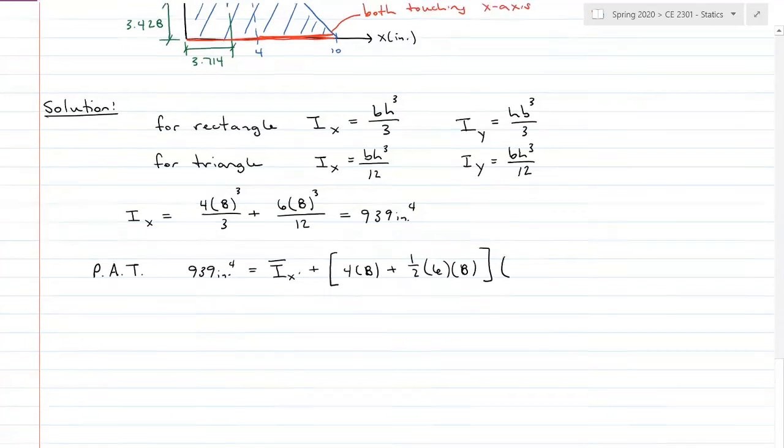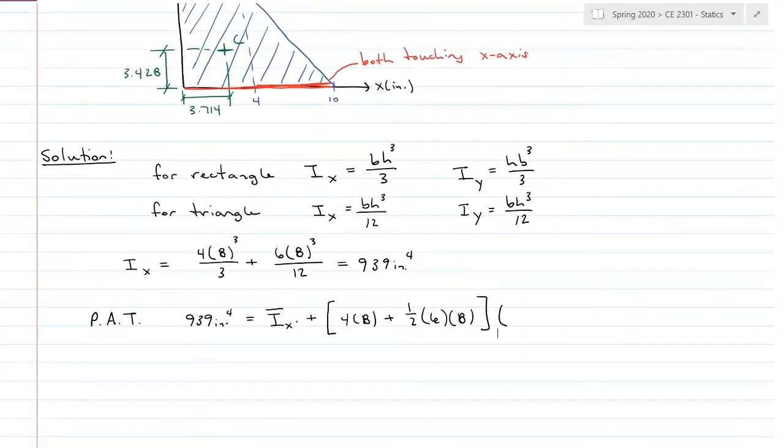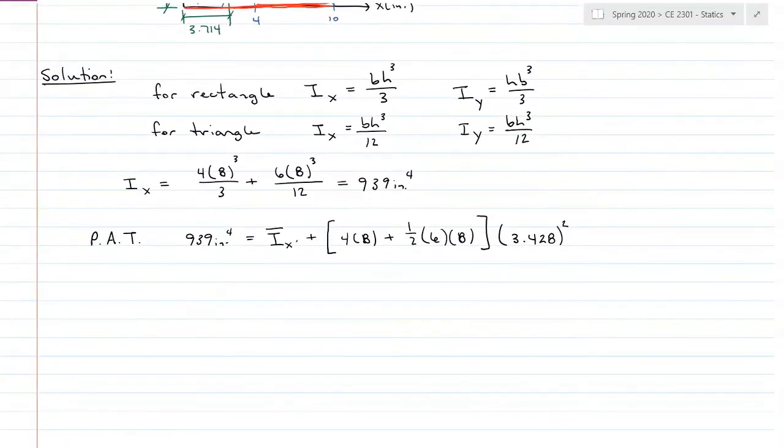And then the distance I want to travel, so if I'm going from x to x prime, that's going to be the 3.428 inches squared. And this will give me an Ix prime bar of 281 inches to the fourth.